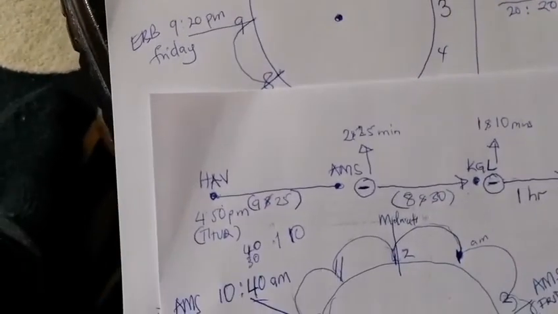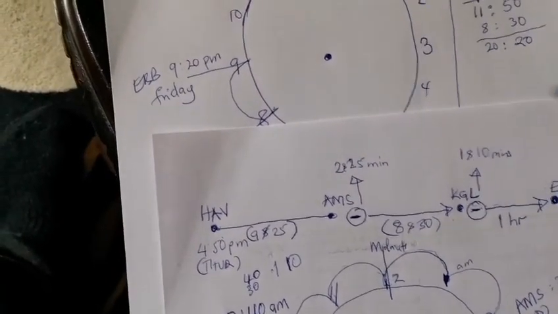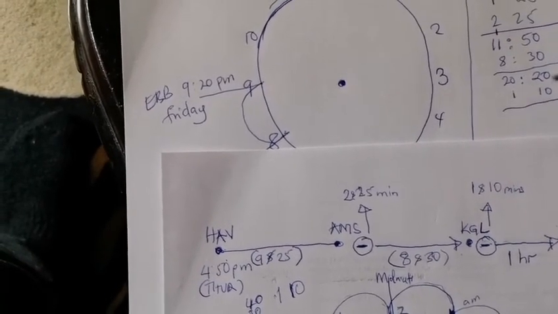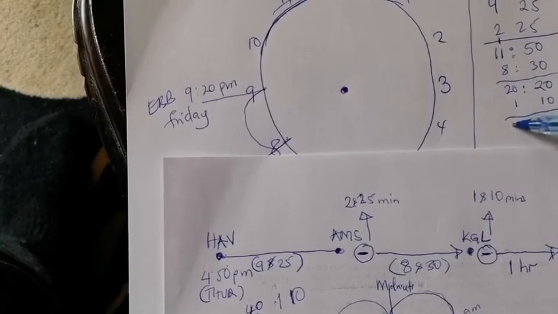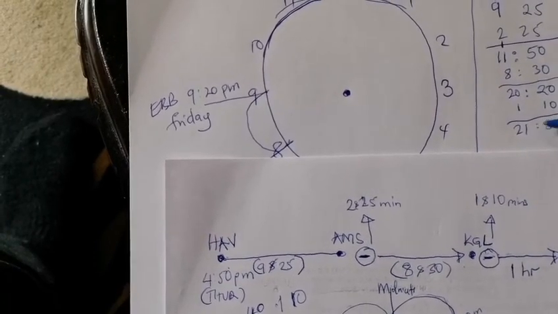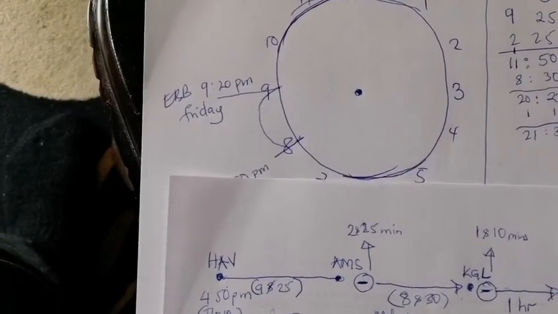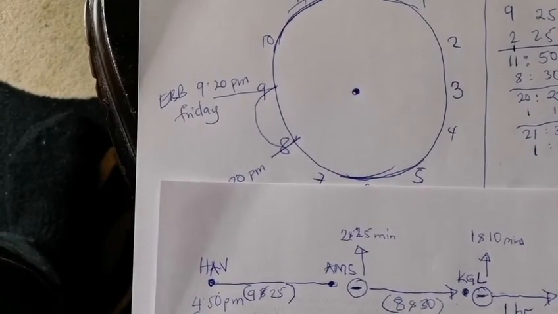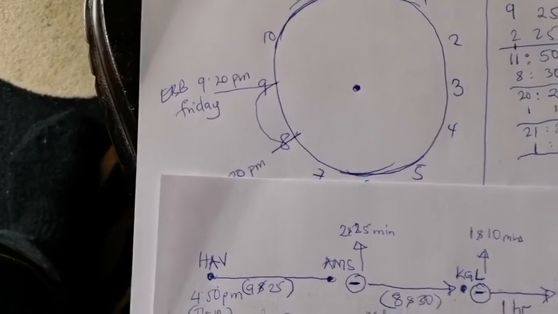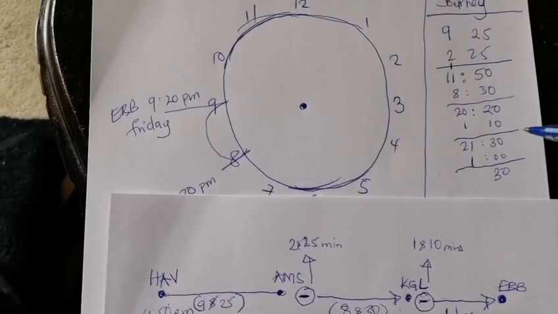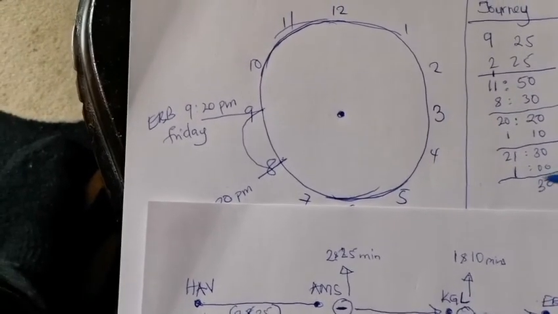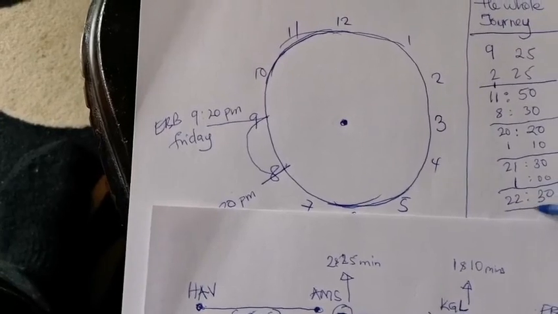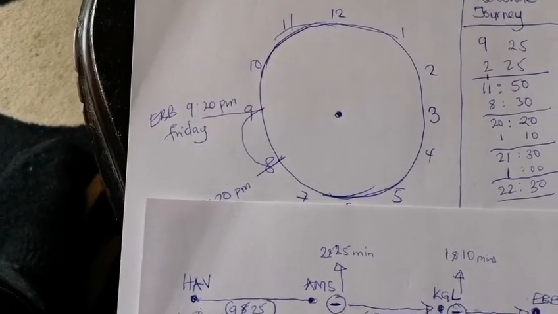Then after that, we wait at KGL for 1 hour and 10 minutes, meaning that we shall get 30 minutes and 21 hours. Then we travel for another additional hour to Entebbe. So that means we get 30 and 22 hours. So the total time taken to travel will be 22 hours and 30 minutes.